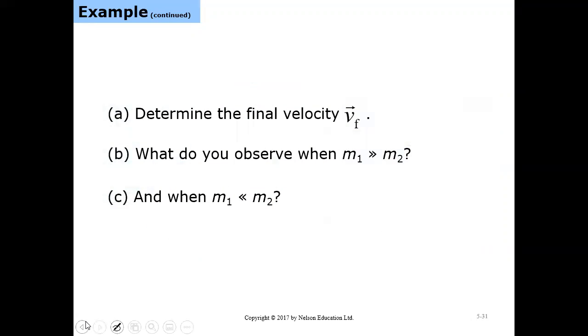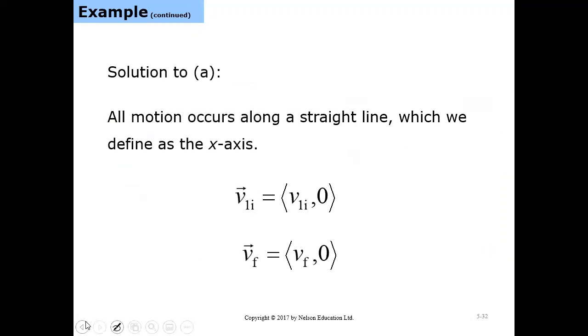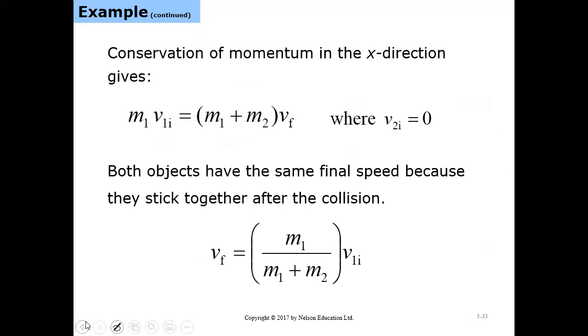That's the question. The first question is to determine the final velocity. And there are two more questions, which I will come to. Let me do the first question, A. This is what we are going to apply: the net momentum before collision is equal to the net momentum after the collision. What is the net momentum before collision?